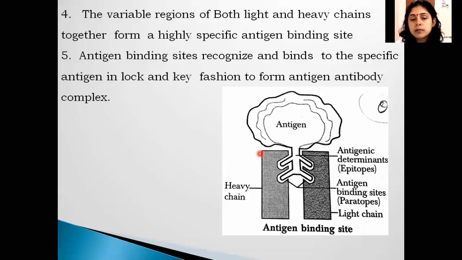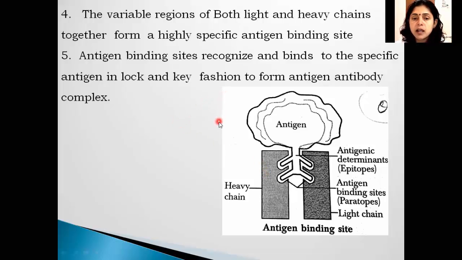For free antibodies we also saw their functions, which you should recall: agglutination, opsonization, where a coating is formed around the bacteria and the bacteria are then engulfed, and neutralization. So some antibodies are free and mostly they form the antigen antibody complex. These antibodies are formed by plasma cells of B lymphocytes.